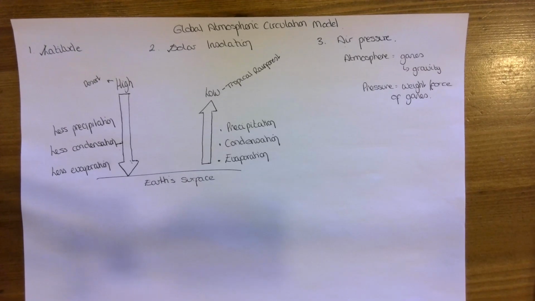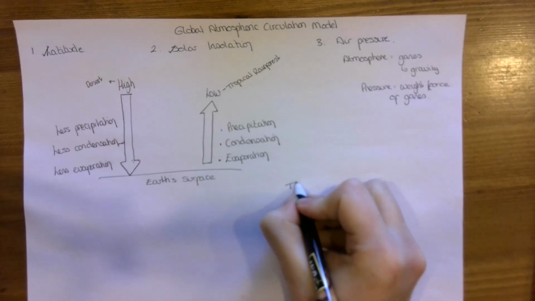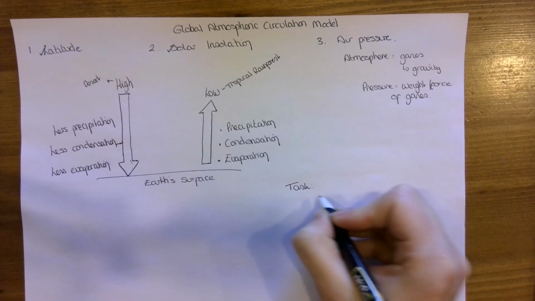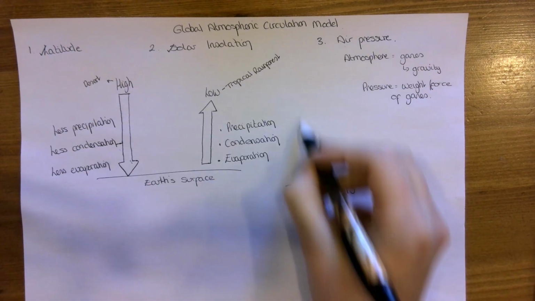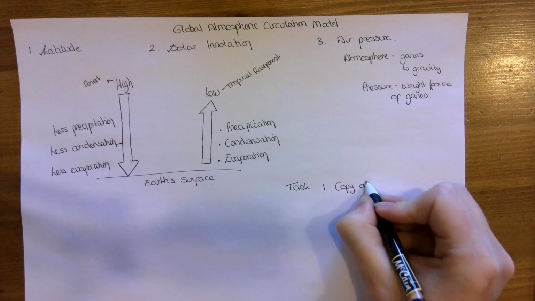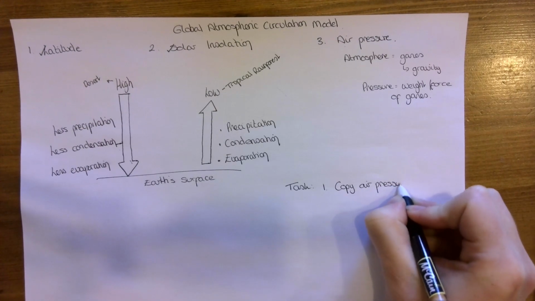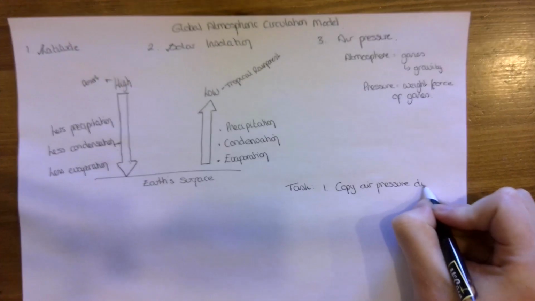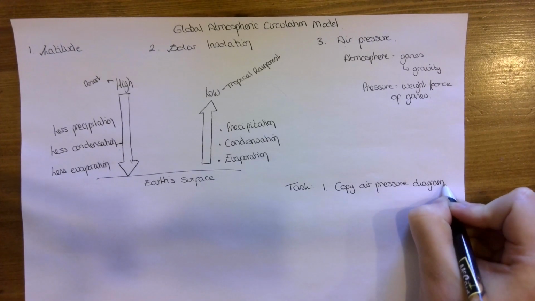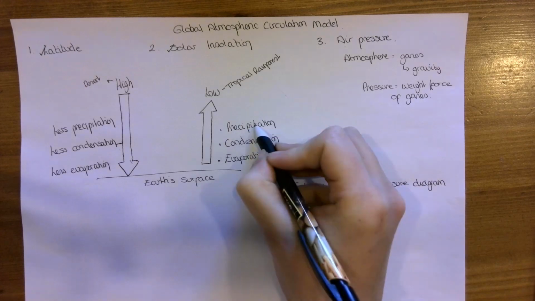Okay, so what I would like you to do for your task in this section is, number one, copy this diagram here. So you know the characteristics of low and high pressure. Make sure that you add the labels down the sides.